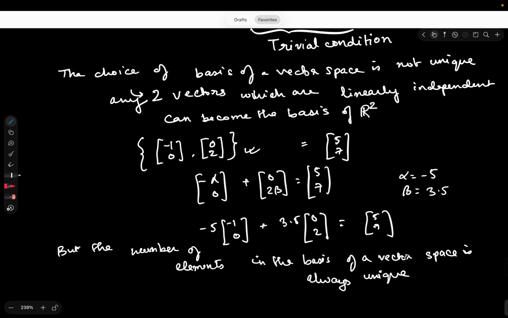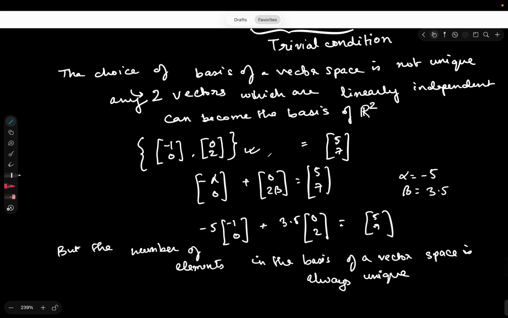Notice how in the last example and in the previous example for R2, the basis set only had two elements, and it is bound to have two elements. It can't have more than two elements, because then there would be a linear dependence in the set, and that is not valid. So the number of elements in the basis of a vector space is always unique.